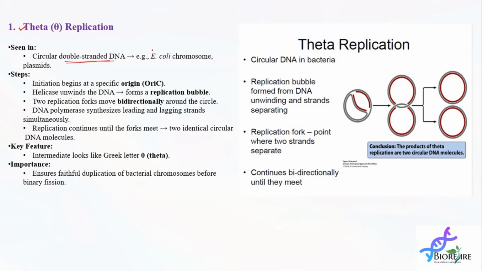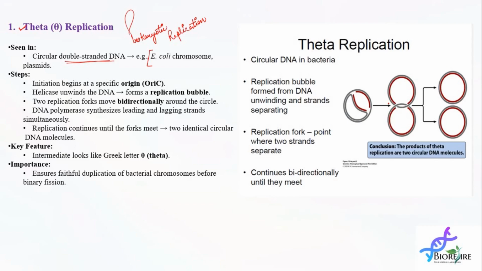In this theta model, it is seen in double-stranded DNA, and the best example is E. coli, prokaryotic replication. In circular DNA, amplification will start and form like this.